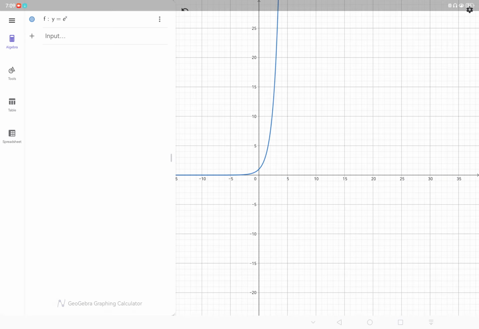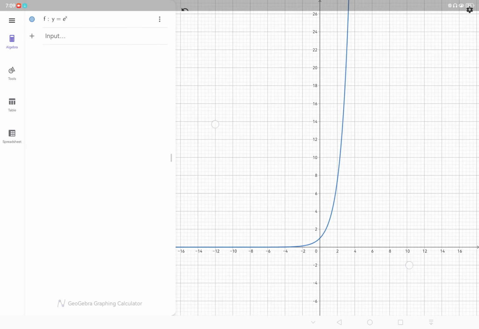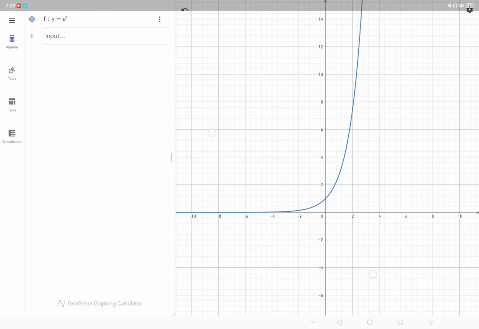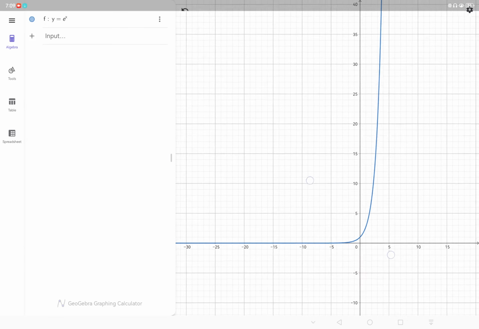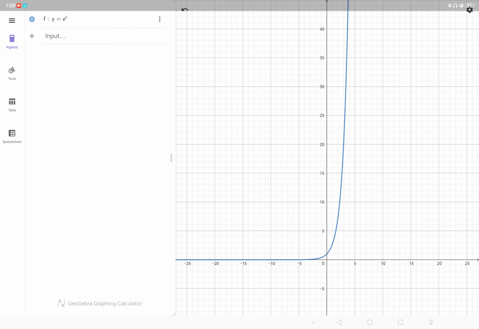So how does it look like? It looks like this. As you can see, it is increasing, just like any exponential function whose b is greater than 1. This is the graph of our function f, which is defined by f of x equals e raised to x.